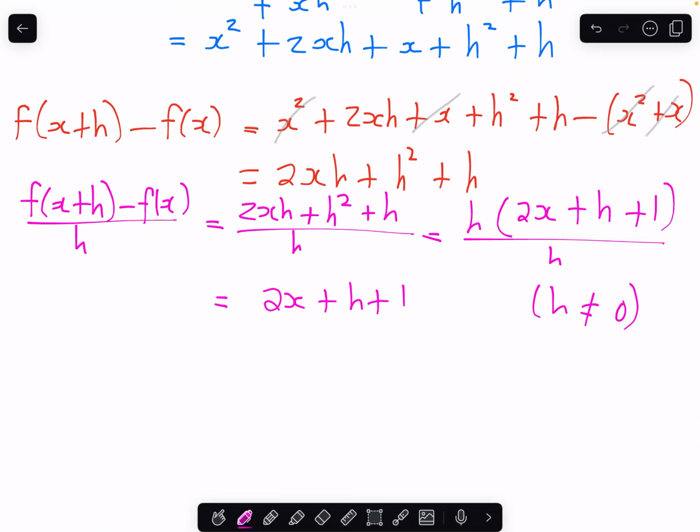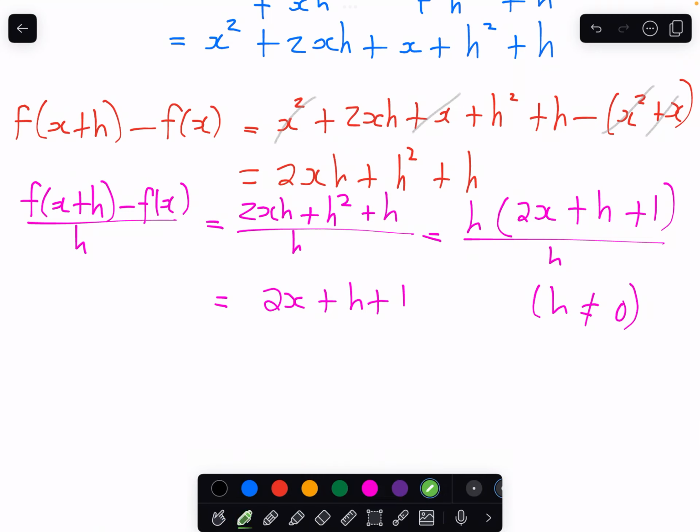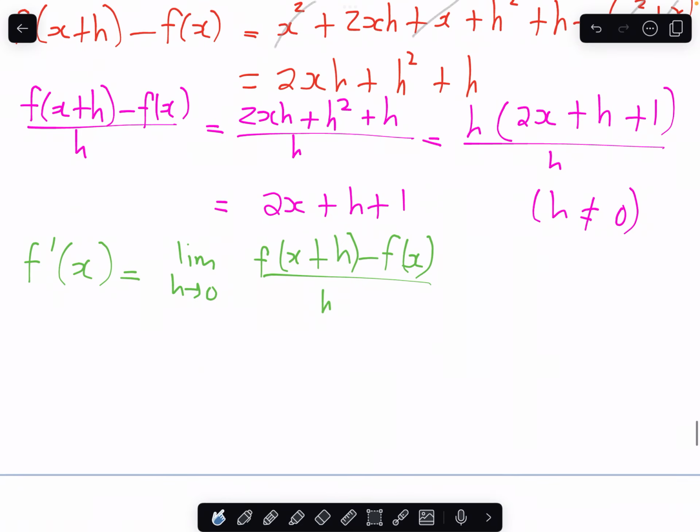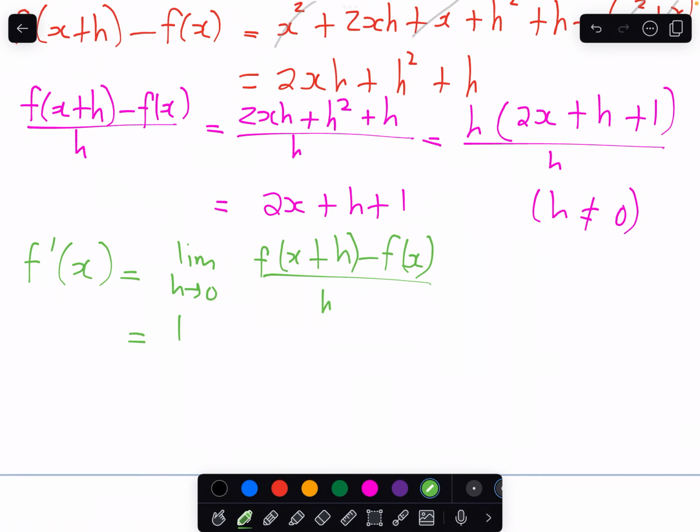So what that tells us is that f prime x is equal to the limit as h approaches 0 of this expression, which I'll write out again. It will be equal to the limit as h approaches 0 of 2x plus h plus 1.